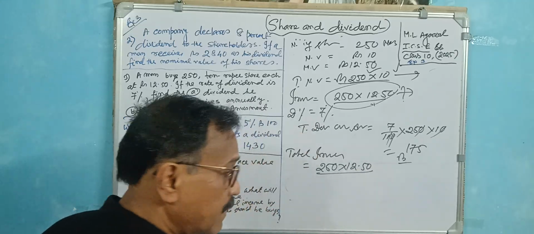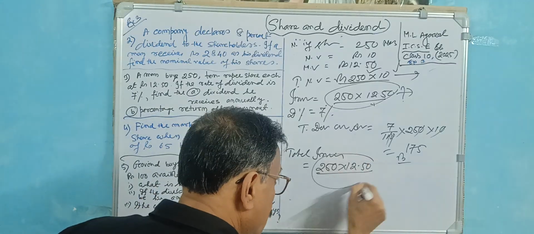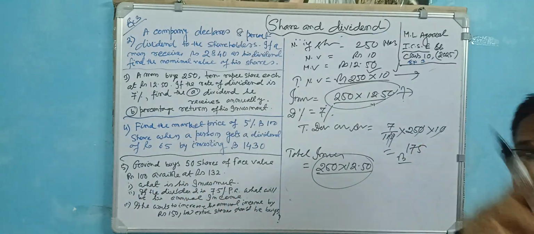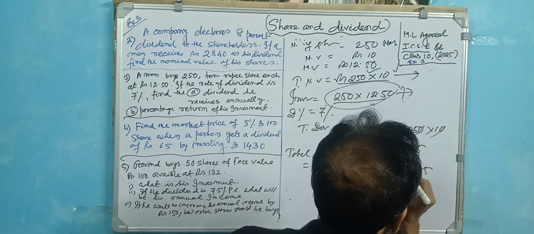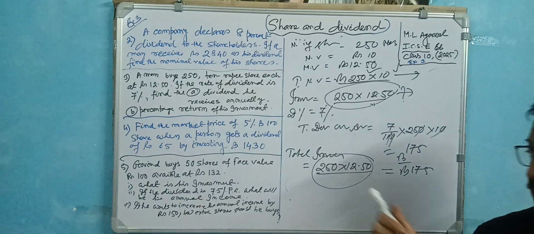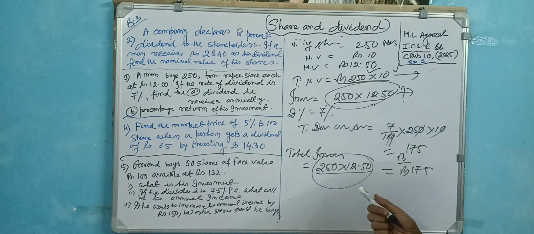This is the total investment. You invested this. Then what is your income? This is 175 rupees. This is the income.